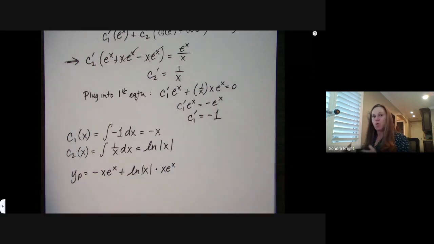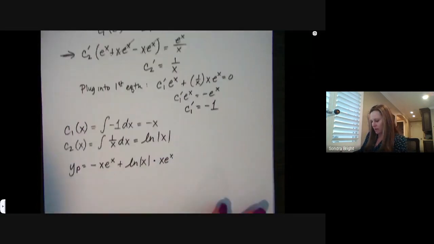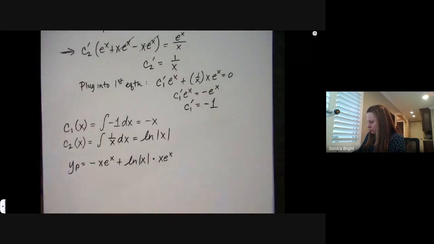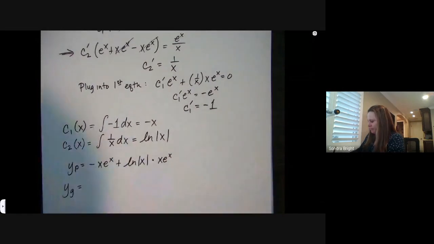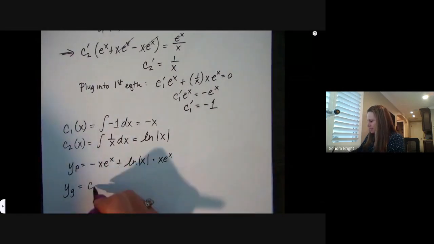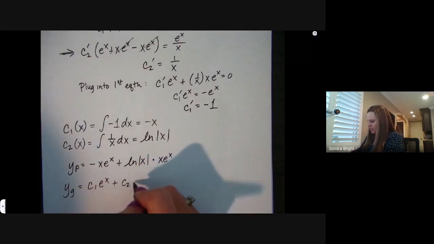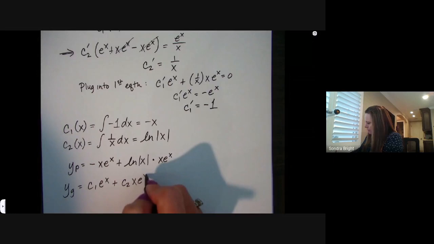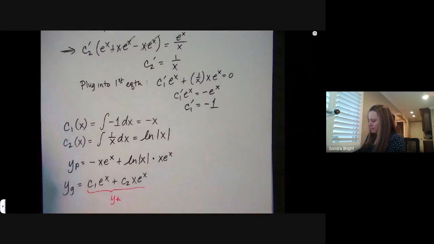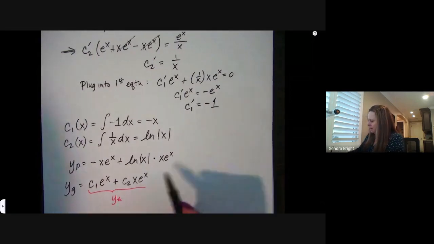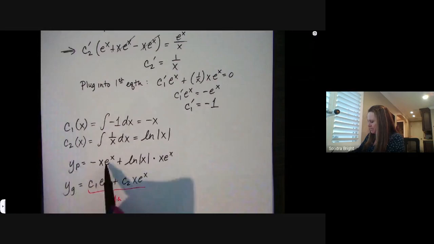All right, so then what's your solution? Well, your general solution is the homogeneous part, which was C1 e to the x plus C2 x times e to the x. So that part was from the homogeneous solution, YH. And then we're going to add to it the particular, which is this guy, and that was minus x times e to the x.